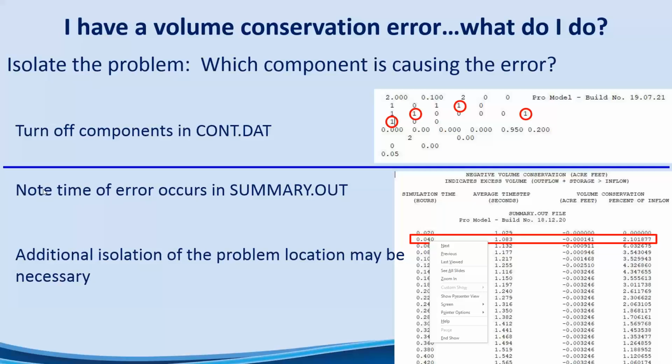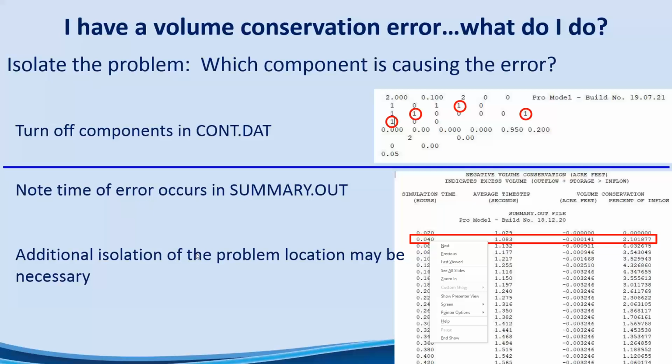So you should note the time of occurrence in summary.out. That's the first indication that you may have some problems with your data file. It may make it necessary for you to further isolate the location if it's practical to do so.